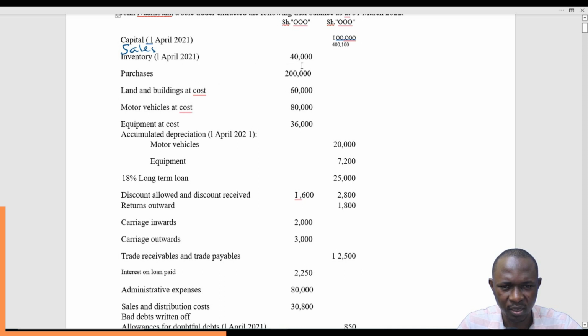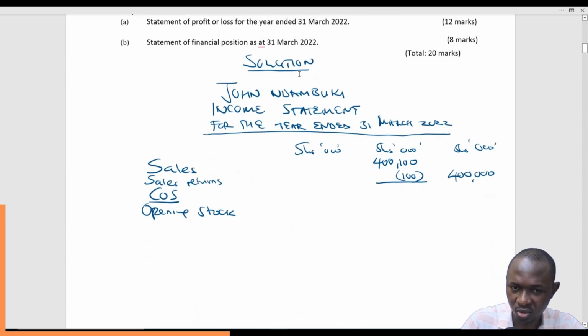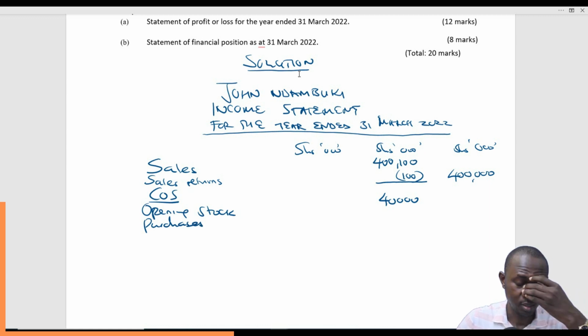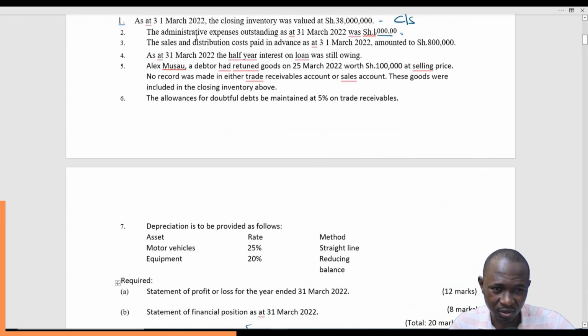So we have 40,000 as our opening stock, then purchases 200,000. So opening stock 40,000, purchases, and let's see if we have workings on purchases. If we don't have workings on purchases, we'll continue in that inner column. So just check to be sure. Purchases, do we have any workings on purchases?